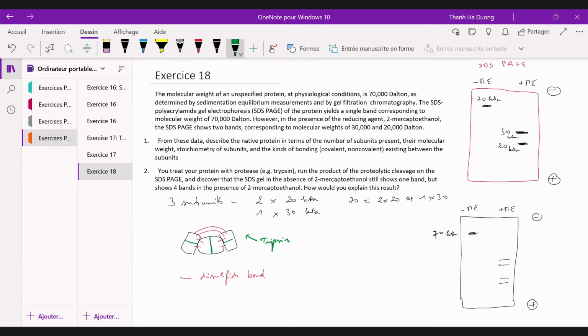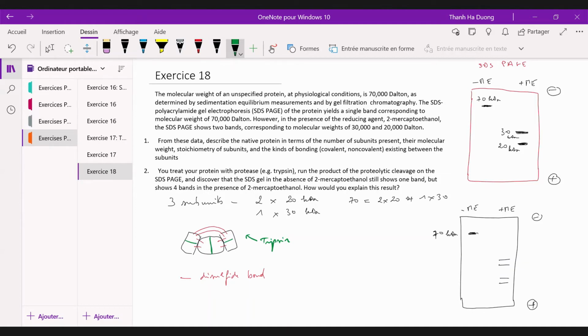The first question, what is the stoichiometry of subunits? Stoichiometry means how many subunits you have. So here you have 2 subunits of 20 and 1 subunit of 30. This is the stoichiometry.